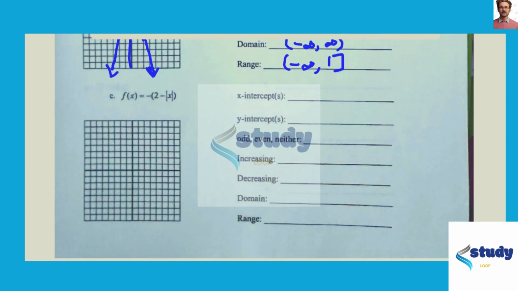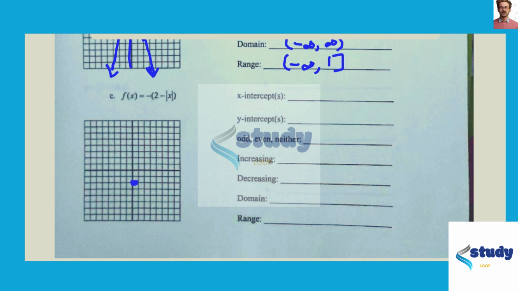Negative of 2 minus the absolute value of x. Well, we've got the absolute value v function that's going to be reflected vertically upside down, shifted up 2, and then reflected vertically again. Let's see this come out to play. Let's start with 0. We have 2 minus absolute value of 0 is 2. So that would be -2.